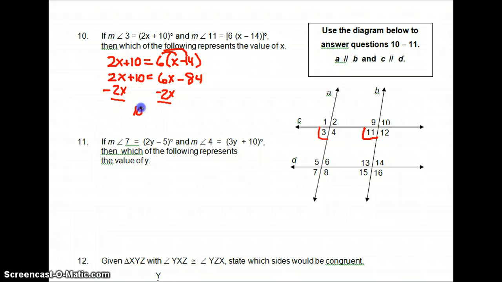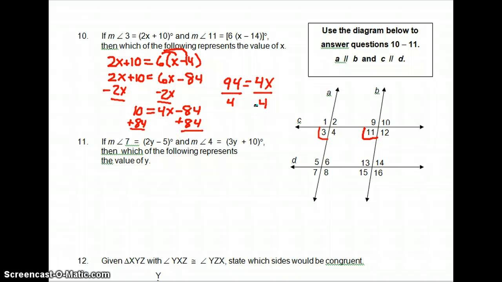That gives me 10 equals 4x minus 84. And add 84 to both sides. That gives us 94 equals 4x. Divide both of them by 4. And that would be 23.5, so x equals 23.5. And that is number 10.